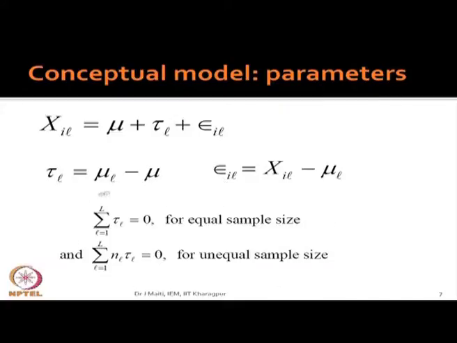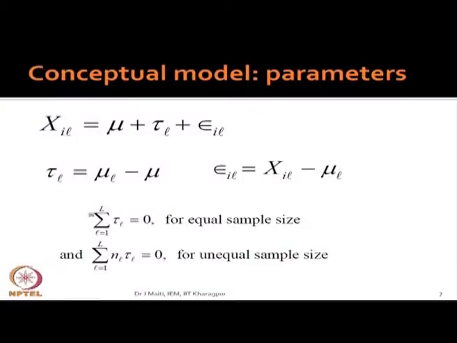And another issue here is, if you go for unequal sample size, then the weighted sum of the effects of the populations will become 0, and if you go for equal size, that is again the sum of the effects of the populations will become 0. I think you can prove the second one also. What about the first one? Why is it 0?